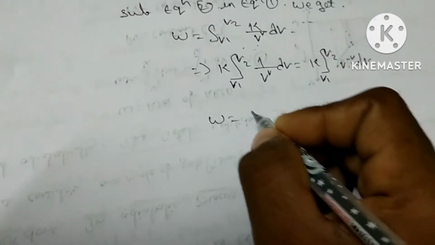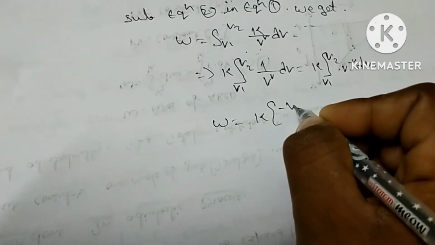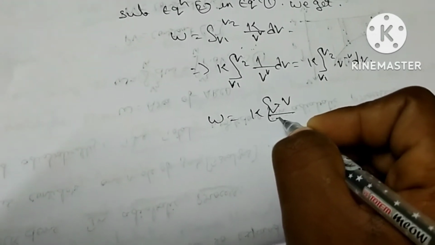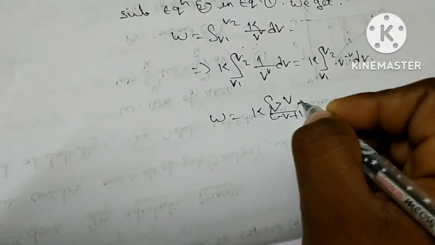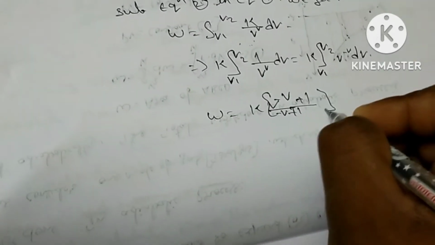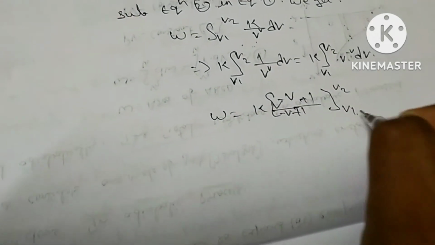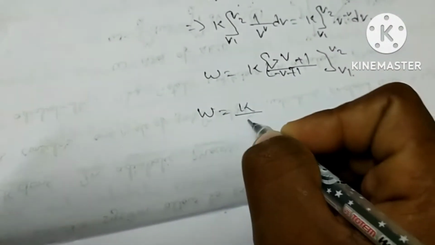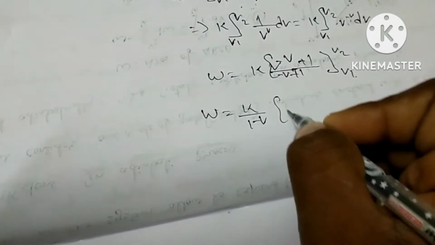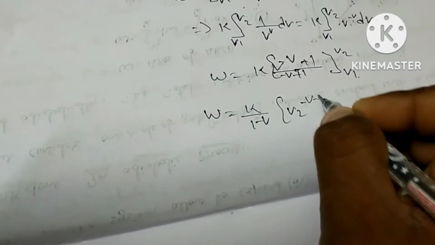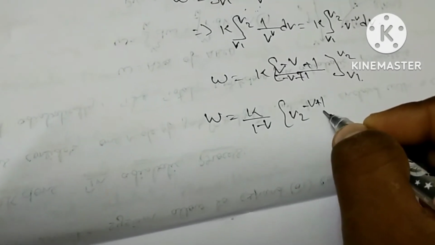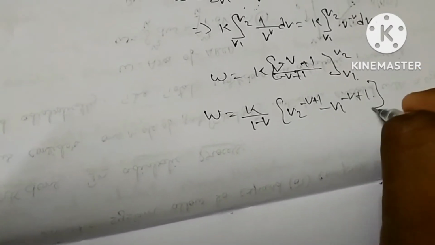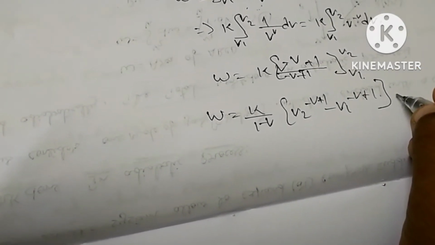It equals K into V^-γ+1 by -γ+1, limits V1 to V2. Now W equals K by 1 minus γ into V2^(1-γ) minus V1^(1-γ).